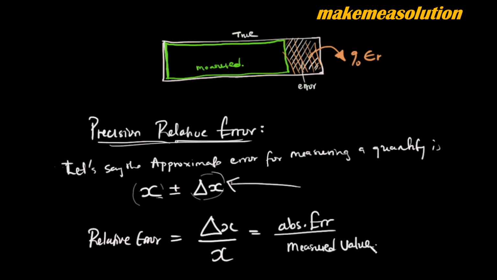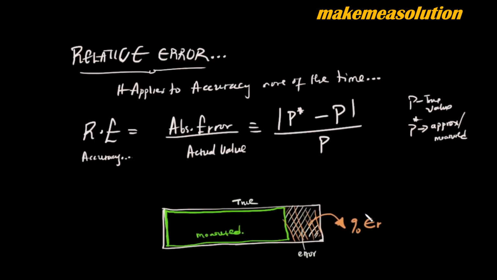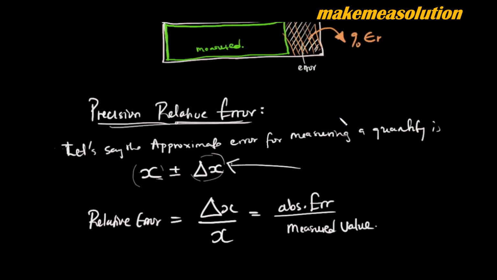Okay, so can you see the slight discrepancy between precision relative error and accuracy relative error? Accuracy relative error is absolute error divided by actual value, because we know the actual value. But for precision relative error, you're going to be given a measurement without the actual value. So you're going to use the value of your measured quantity to determine the relative error.